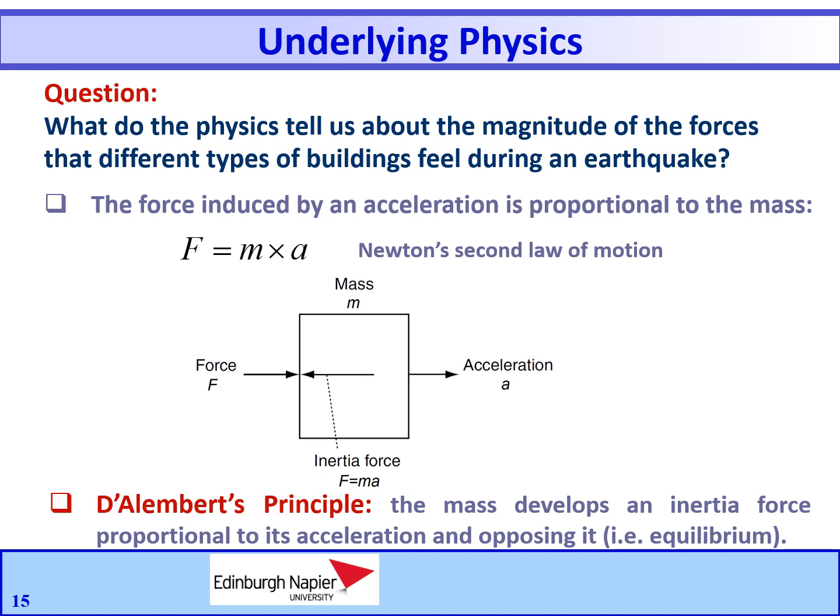We can transform an accelerating rigid body into an equivalent static system by adding the so-called inertial force, and this inertial force must act through the center of the mass. It should be proportional to its acceleration and opposing it.